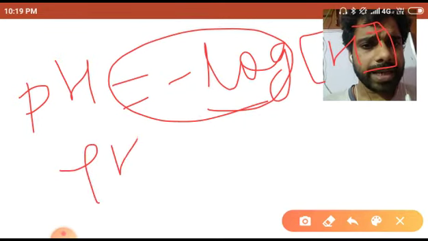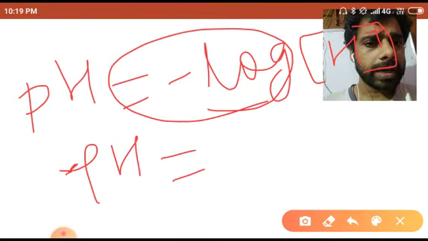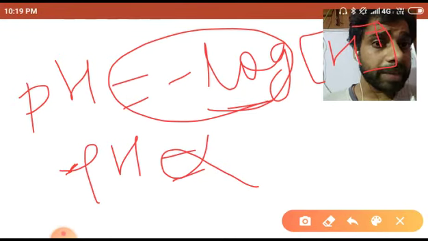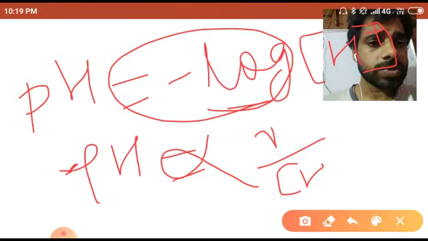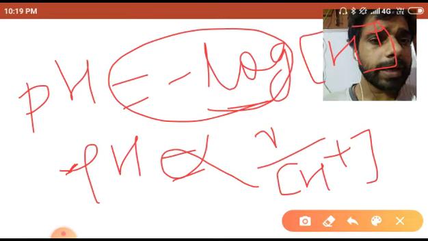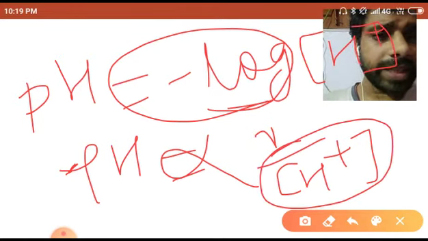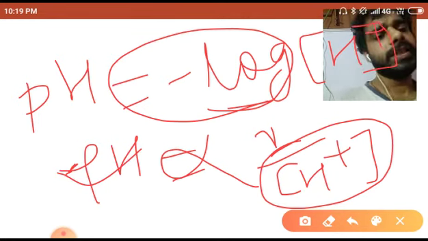So pH, sorry, this one should not increase. pH is equal to log, and since there is a minus, write 1 by H plus, 1 by H plus. Okay? So what you are seeing is that if H plus increases, pH will decrease.